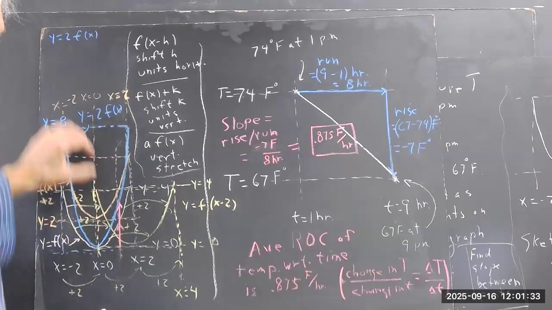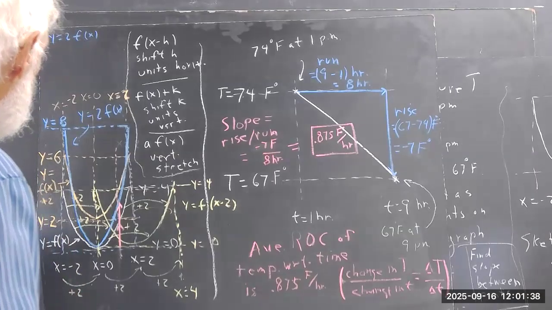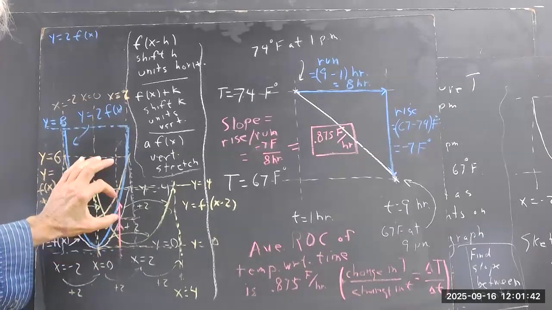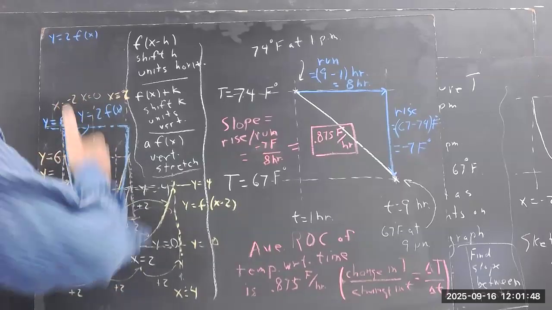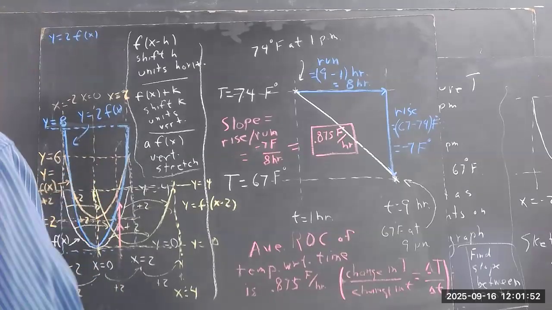Every point is 2 units higher than the f of x graph. Y equals 2f of x, every point is twice as high above the x-axis as on f of x. In a sense, if you draw any vertical line, this point will be twice as high as this point.